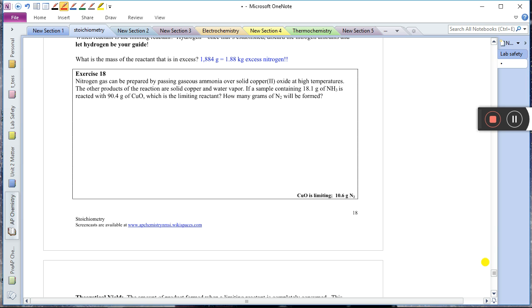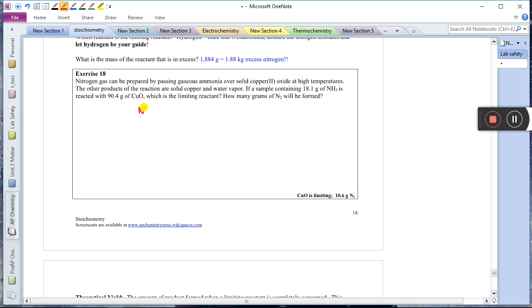So it's a stoichiometry problem. What do I need first? I need the formulas and then the balanced equation. All right, so our first reactant is what? It's ammonia, because it says nitrogen gas can be prepared. Watch out for those things.